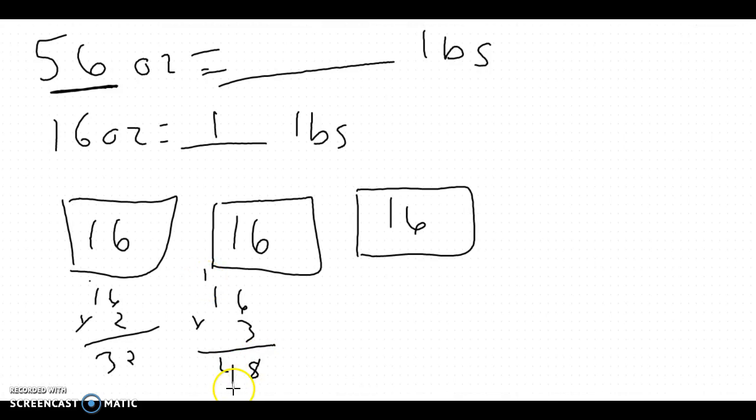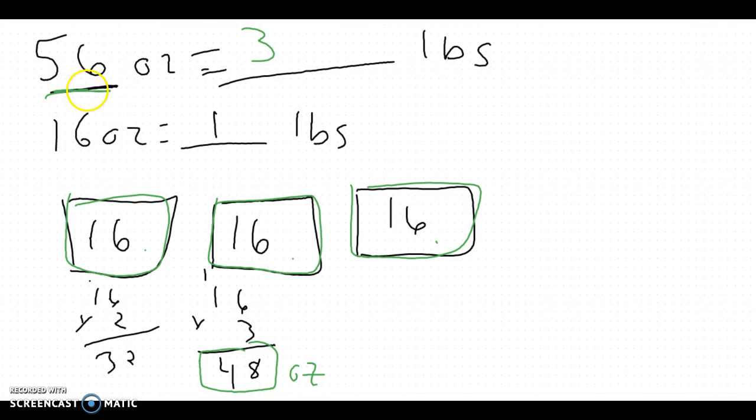That would be 48. And I know if I were to add another 16, that would be too many. So what I have so far, I have 3 pounds, and I've used 16 plus 16 plus 16, or 16 times 3, or 48 ounces.